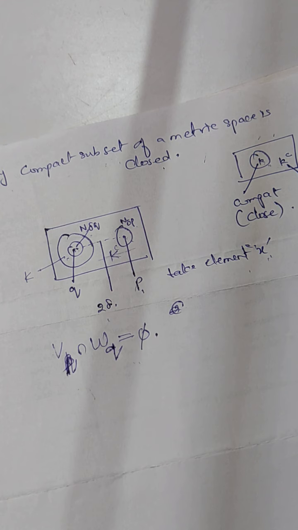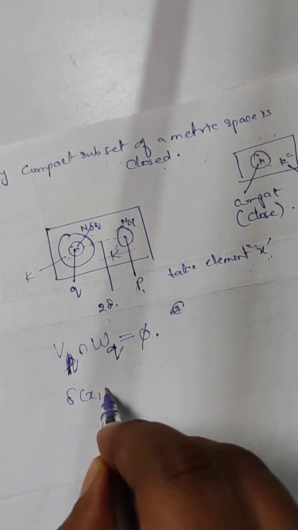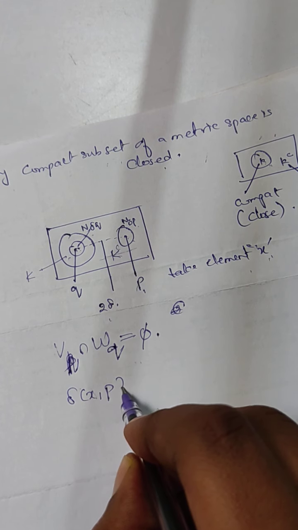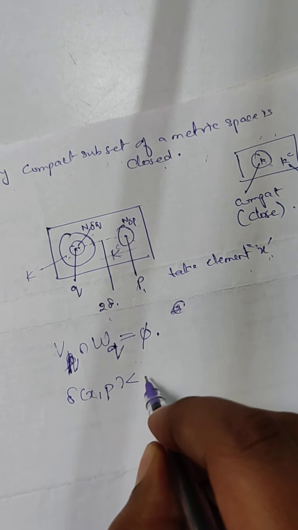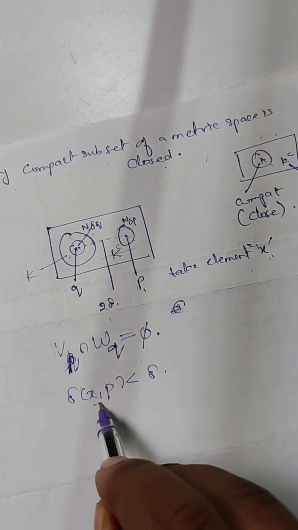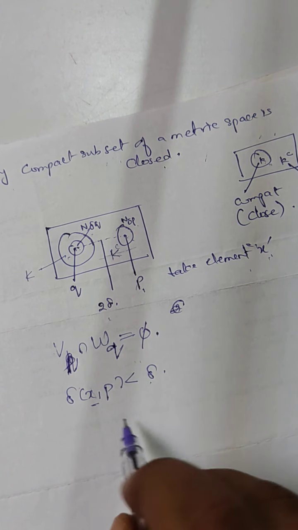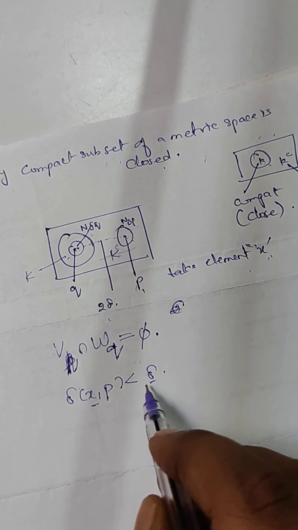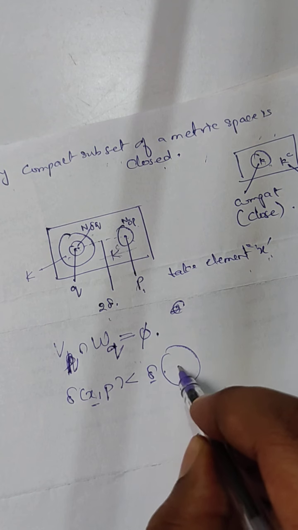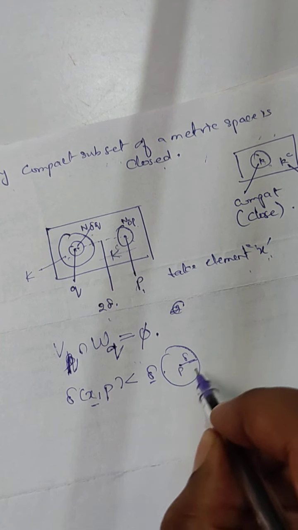Now we know that the distance from X comma P is less than delta. Hence X belongs to this P neighborhood, since this is the neighborhood of P with the distance delta.